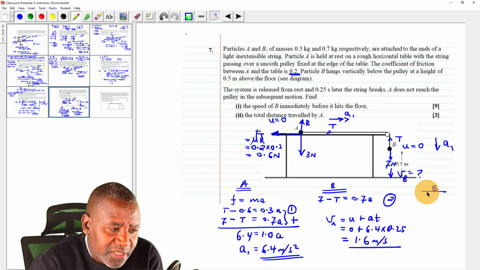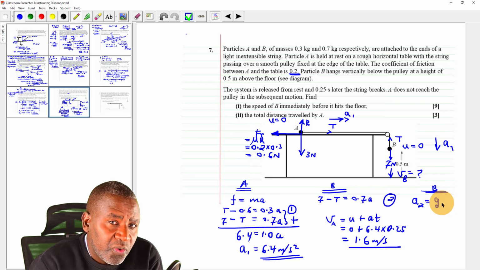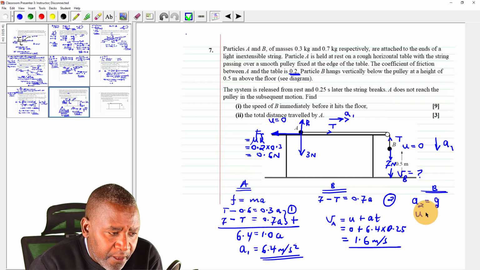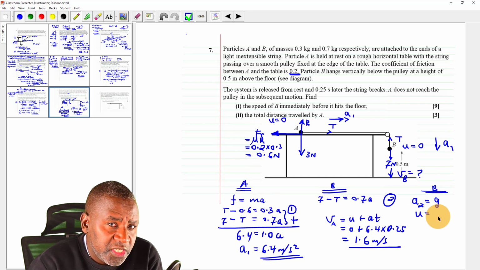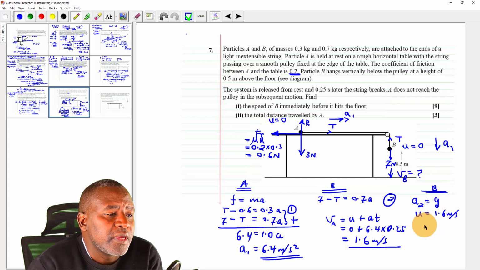So again, for particle B, the second acceleration is equal to g. We know how much that one is. Its initial velocity for this second motion is equal to the final velocity for the first motion, which is 1.6 meters per second. And I want the v, the v it has there.